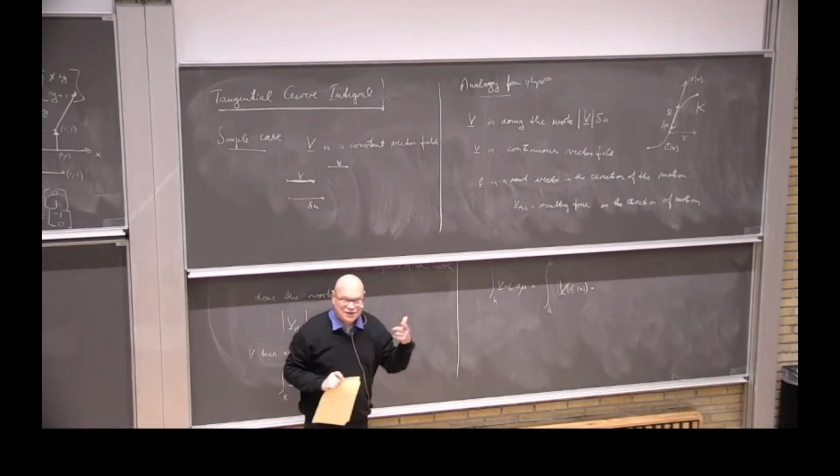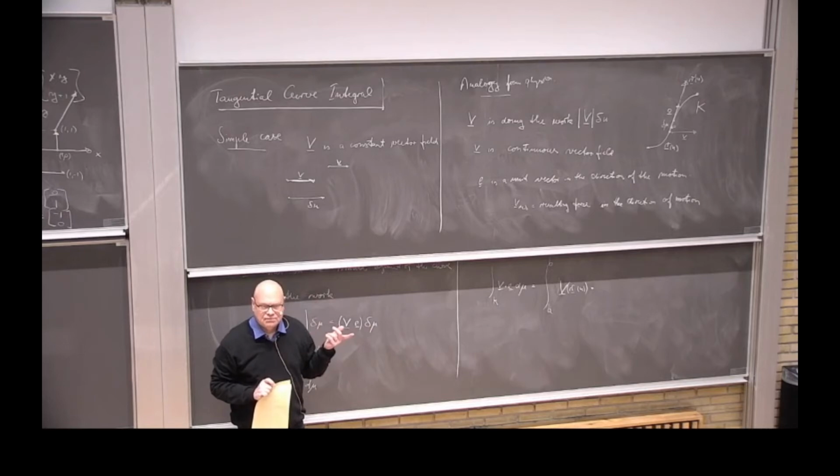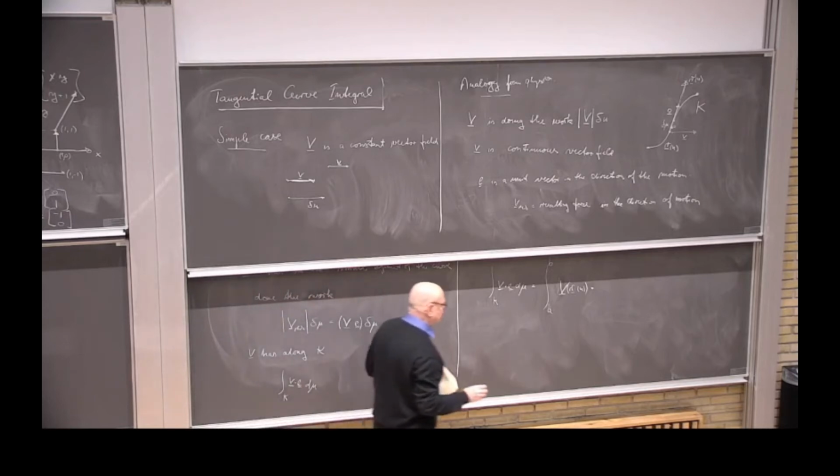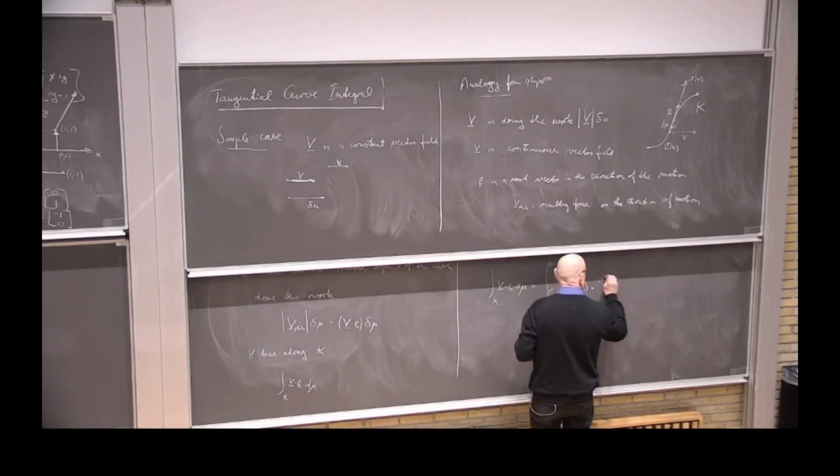And if you want to get a unit vector, you just divide by the length of this tangent vector. So you get r prime, and then divided by the length of this.